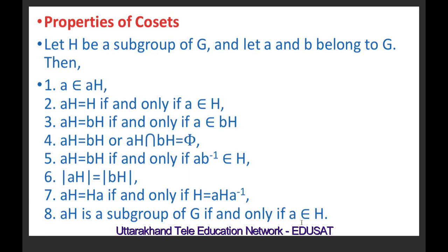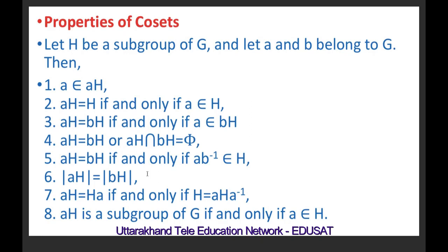Note that the first property, which means A belongs to H, the fourth, two left cosets are either identical or disjoint, and the sixth property, the number of elements in any left cosets are the same, guarantee that left cosets of a group H of G partition G into blocks of equal size.